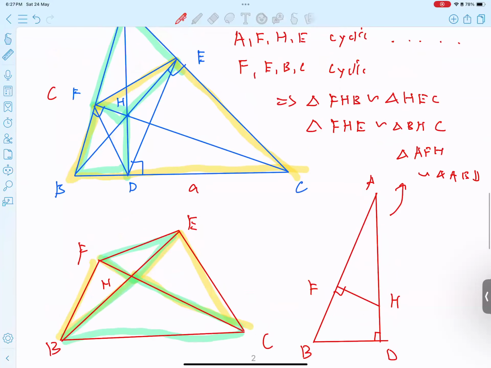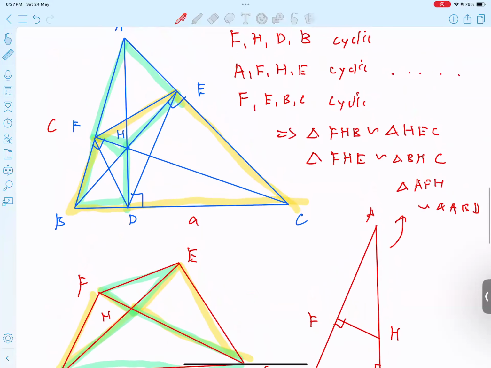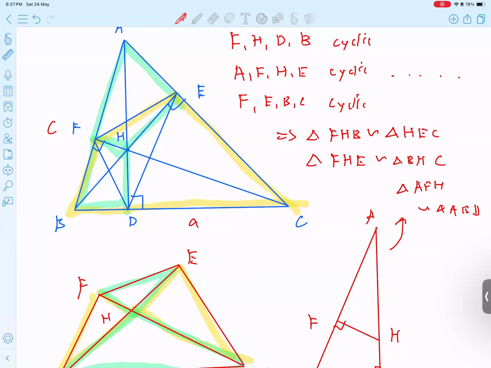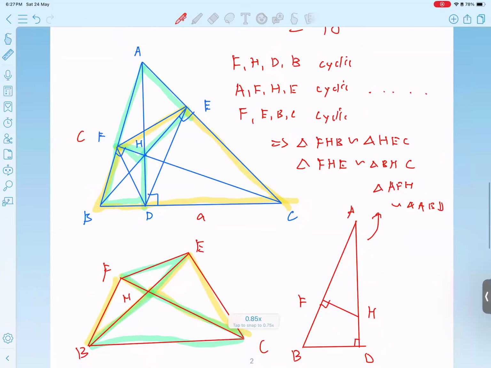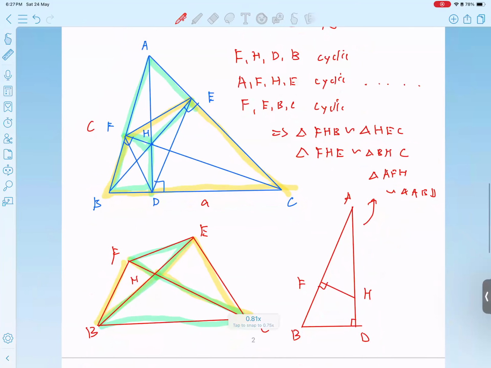So it's very good to keep this in mind. In a future lecture, we'll talk about tracing and power of a point, and these will come in really handy. So cool. I'll take a moment to digest this.